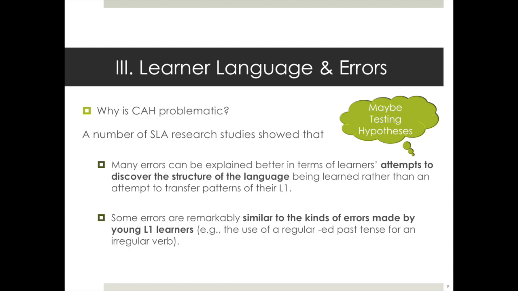So this is consistent across learners, not only in second language acquisition, but it's also a strategy or technique that is used by first language learners in their native language.